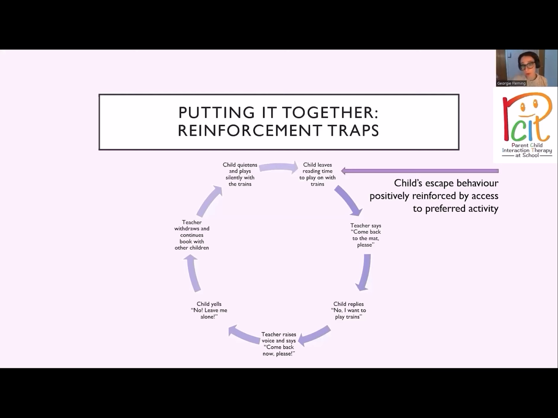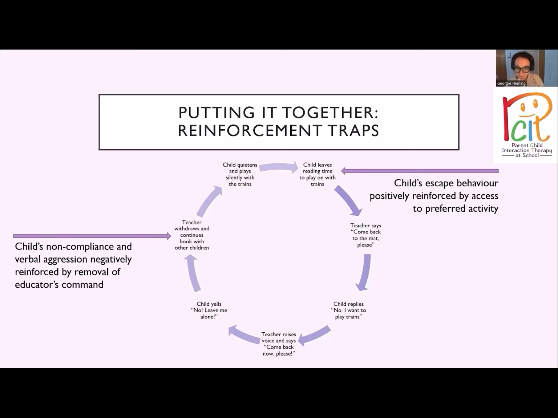So the first element of reinforcement is the escape behavior. They've left reading time, they've gone to the trains, they have access to a preferred activity, right? Positive reinforcement: something pleasant has been put into the environment following a behavior, which increases the likelihood of the behavior. However, we get an instance of negative reinforcement after the escalation of the child's verbal aggression.